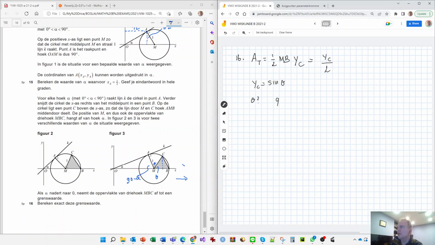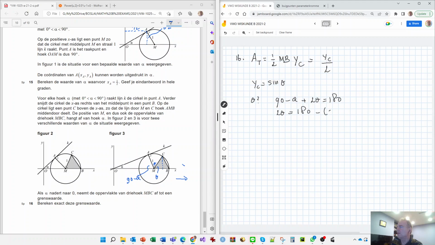Well, 90 minus alpha plus 2 times theta is 180, or 2 theta is 180 minus 90 minus alpha, which is 90 plus alpha. Okay, so theta is 45 plus 1/2 alpha.